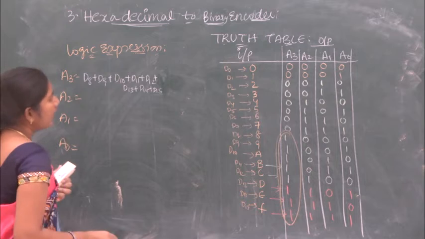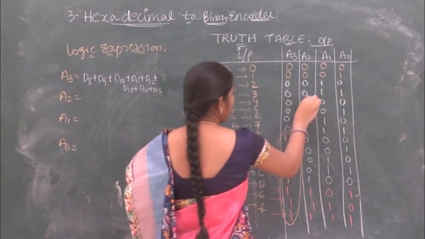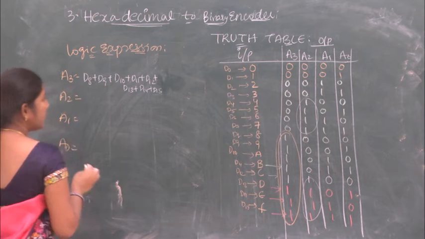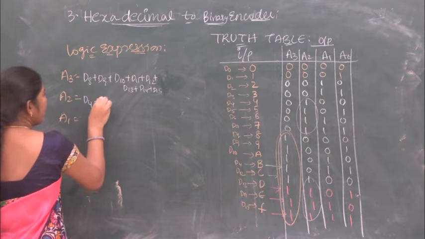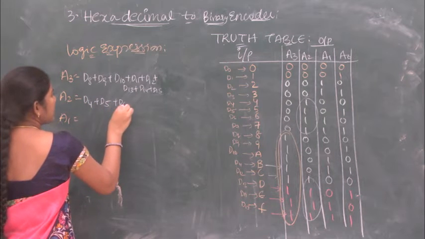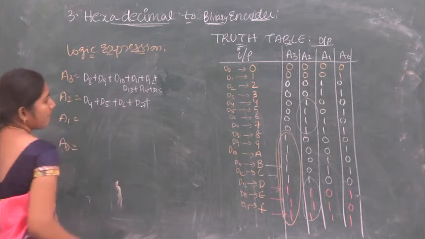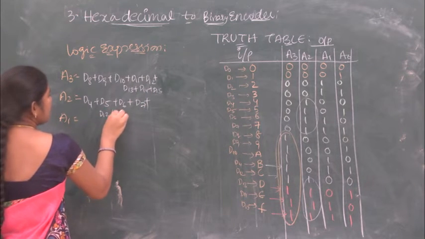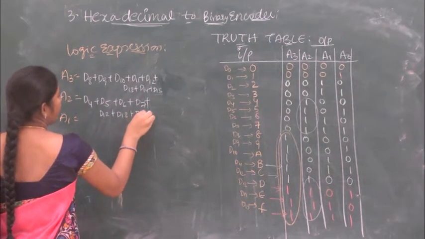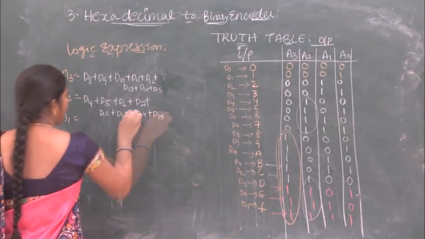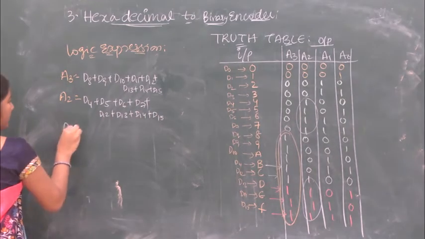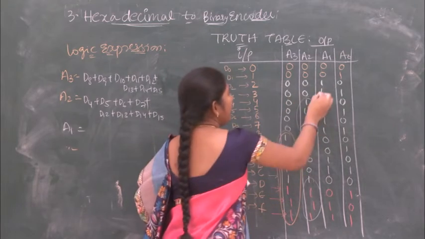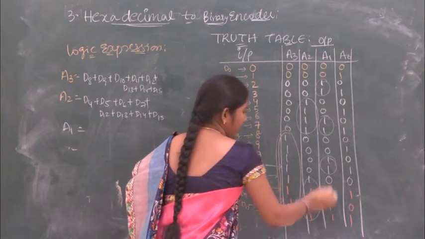Right? And A2 is high for these cases, right? Which are D4 to D7: D4 plus D5 plus D6 plus D7 and D12 plus D13 plus D14 plus D15. So A1 is high for only this period.